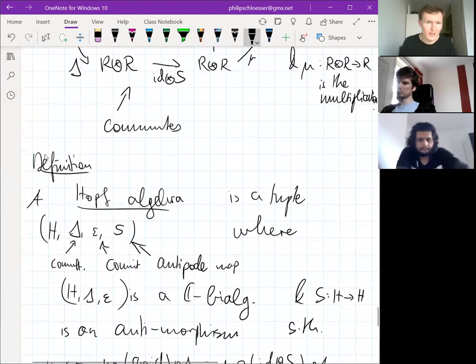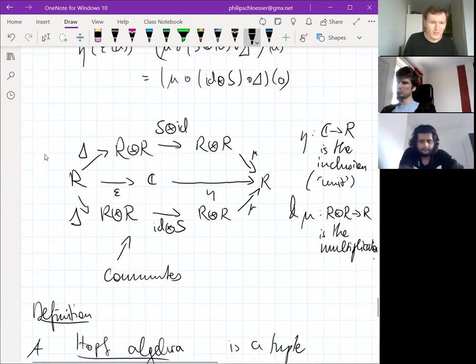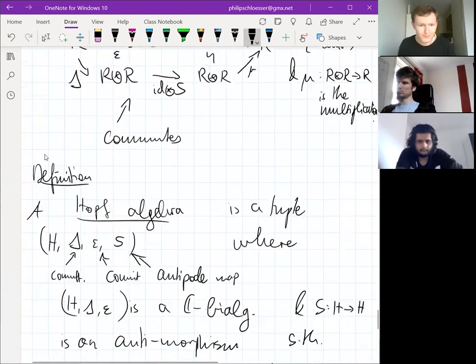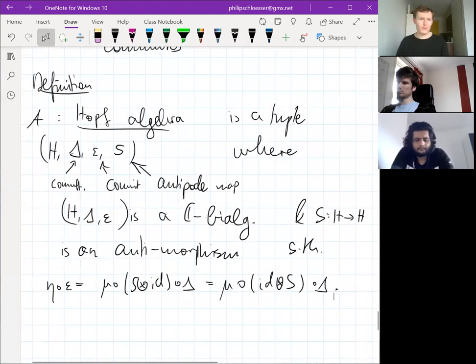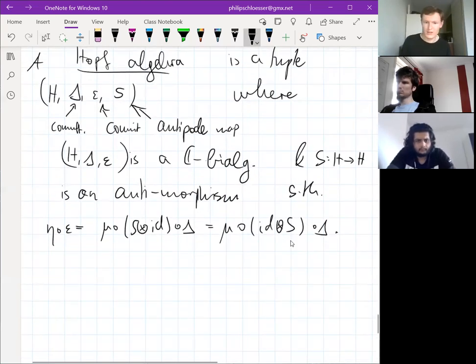Well, exactly this beautiful diagram here. Then we call it a Hopf algebra. And again, we could view this condition as saying just that S behaves in a way like some sort of inverse.